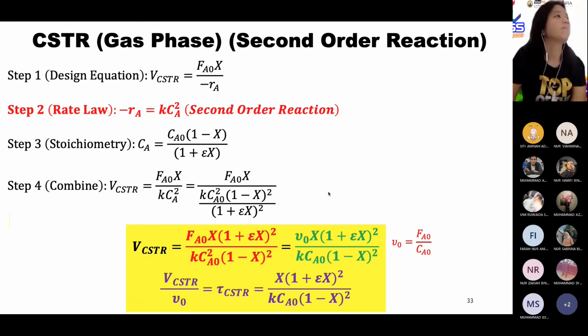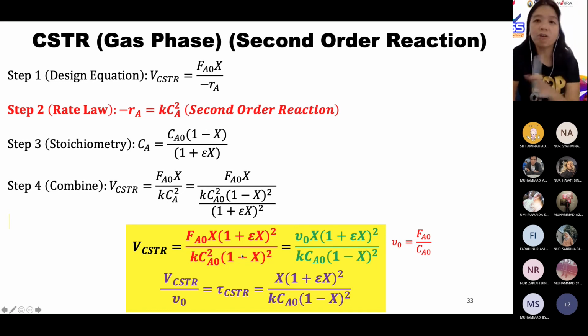So we combine equation 1, equation 2 dan equation 3, and then we will simplify back, and eventually we will get back the design equation in the form of 1, in the form of 2, in the form of 3. In the rate form, so rate form tu again dalam bentuk Fa0 dan Ca0 if you know both of these values. And let's say you don't know and you know inlet volumetric flow rate, you can use the second version in the green font. And the third form is when you want to find space-time.